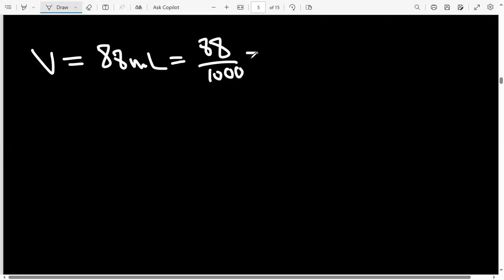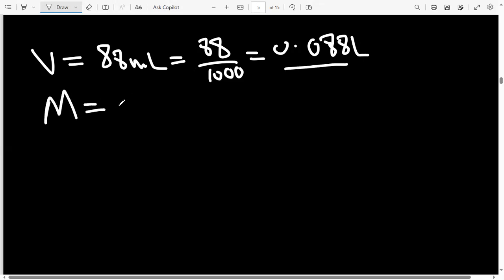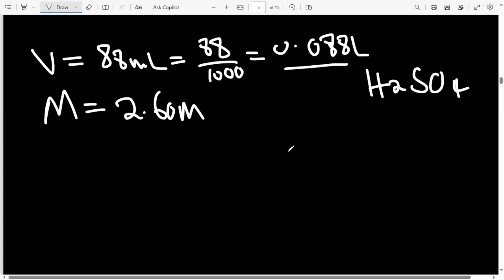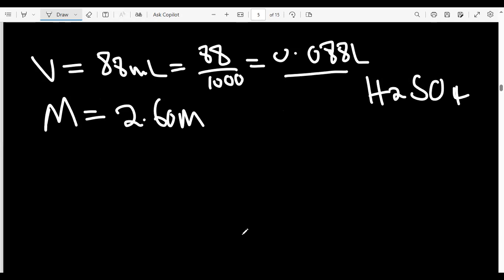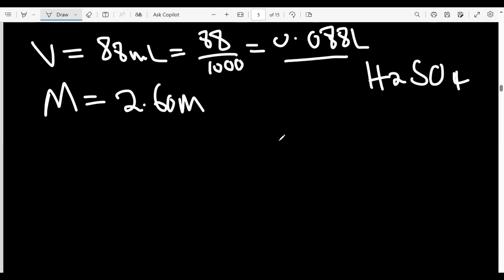So when we divide these, we are going to get 0.088 liters. So this is the volume, and then we have the molarity of the sulfuric acid, which is given as 2.60. So all these are for sulfuric acid. From these two, we can come up with the moles.